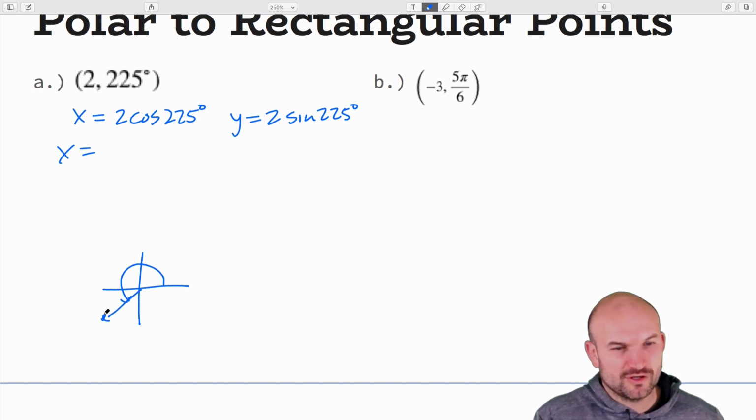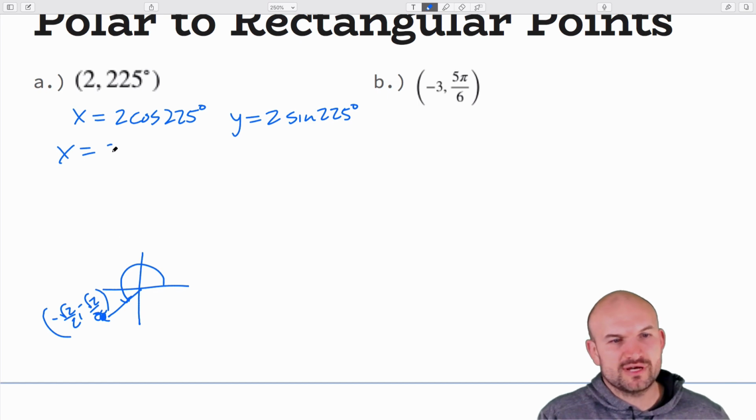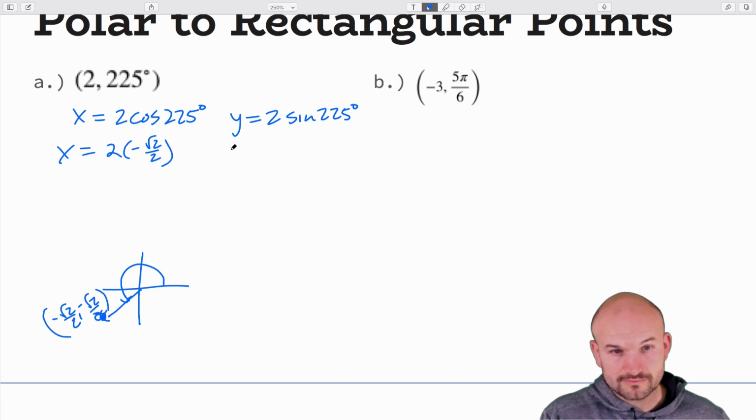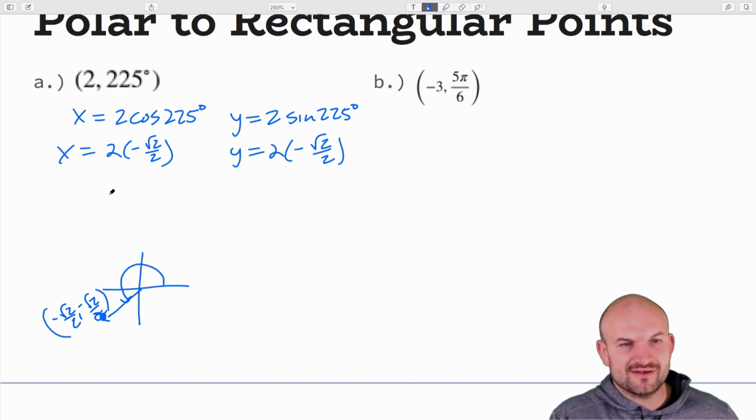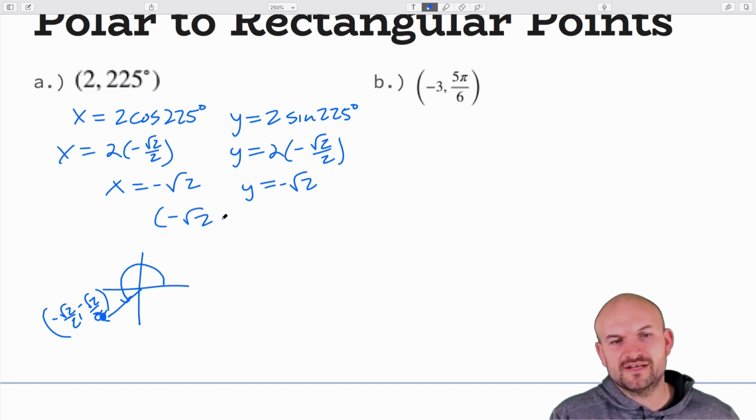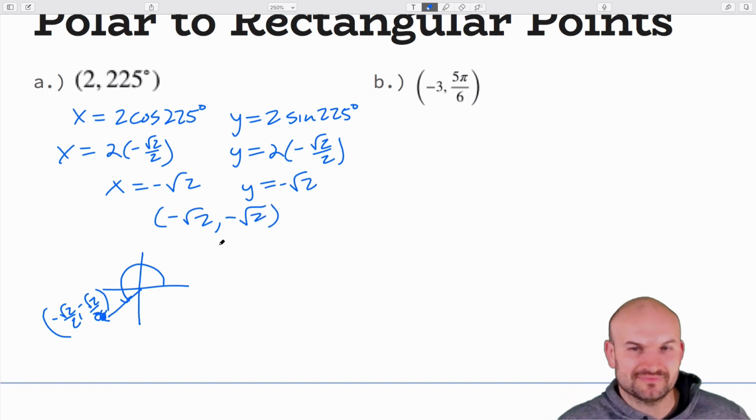And hopefully you know that coordinate point is negative square root of 2 over 2, comma, negative square root of 2 over 2. So I have x equals 2 times negative square root of 2 over 2, and y is going to equal 2 times negative square root of 2 over 2. And therefore, the 2's will divide out, and you'll get x equals negative square root of 2, and y equals negative square root of 2. So therefore, we have negative square root of 2, comma, negative square root of 2.